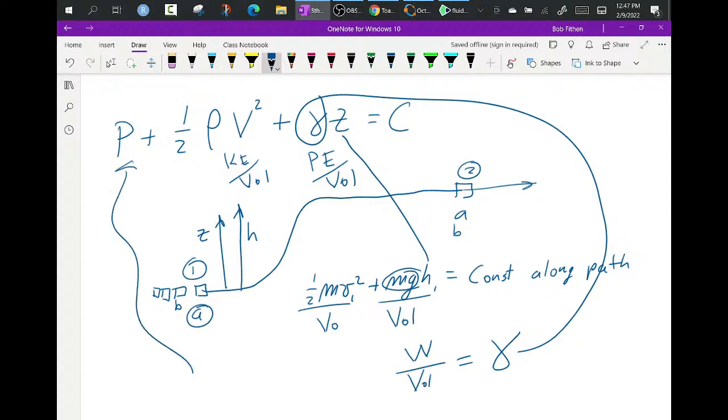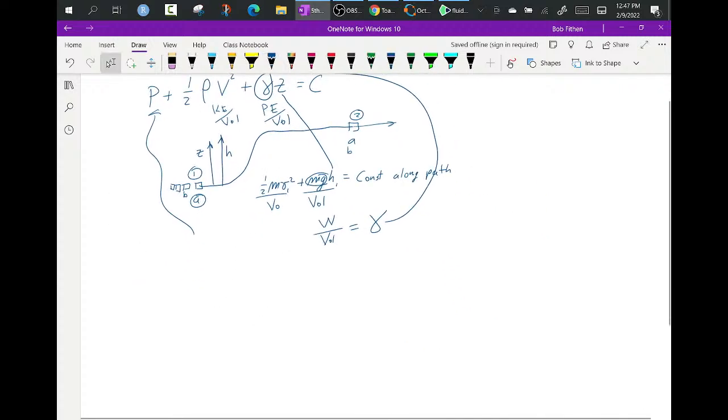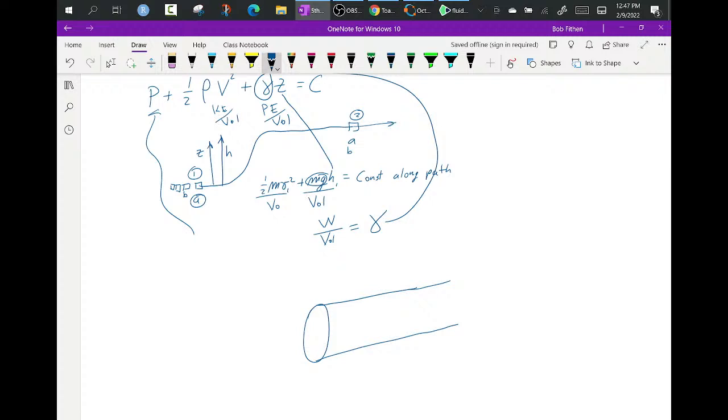What is the P? P is an interesting thing. So let's imagine, we'll just do it like you're in a pipe here. So you're running down a pipe and you have a pressure difference here.